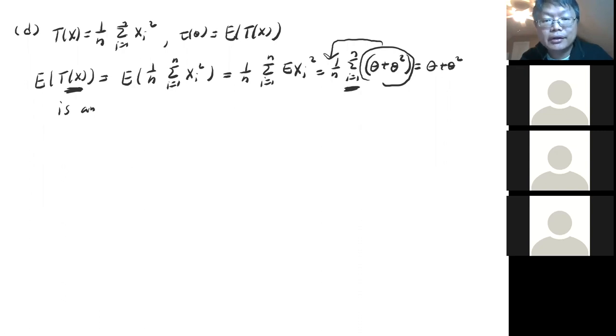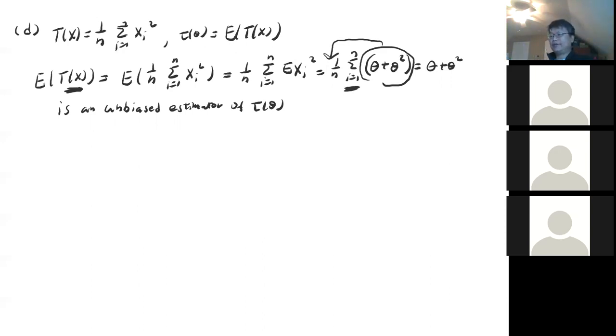So, going back to D, you do have expectation of Tx equals to tau theta, which means Tx is an unbiased estimator of tau theta. Okay, good.